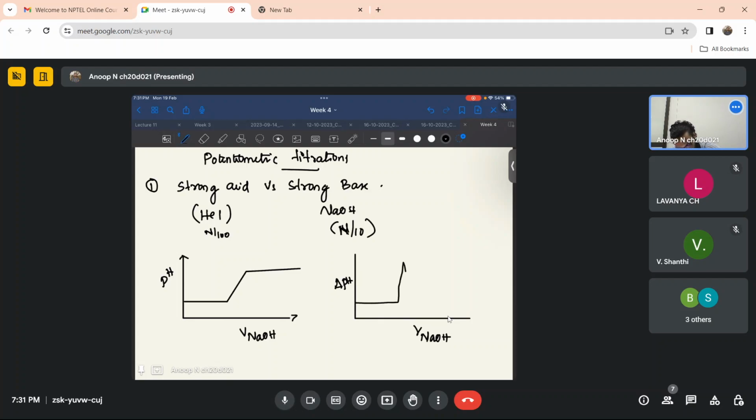This point you can write as the neutralization point. The corresponding volume we will take as the volume of NaOH required for neutralization.